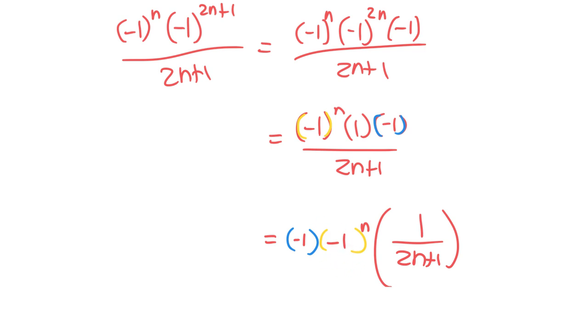Now, my thought here is we could do the alternating series test on this, which really has two conditions. The first condition is: is it the case that the positive part, which is this part, is decreasing as n gets larger?